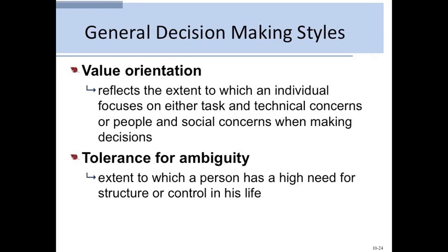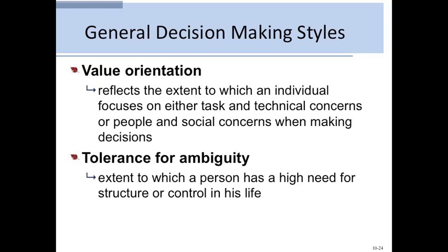We next turn our attention to decision-making styles. When we look at the different approaches to decision-making, they're based on two dimensions. One is the value orientation. That reflects the extent to which an individual focuses either on task or on people, task or people. So whether I'm concerned more about what needs to be done, the technical aspects, or more about the social or people aspects.